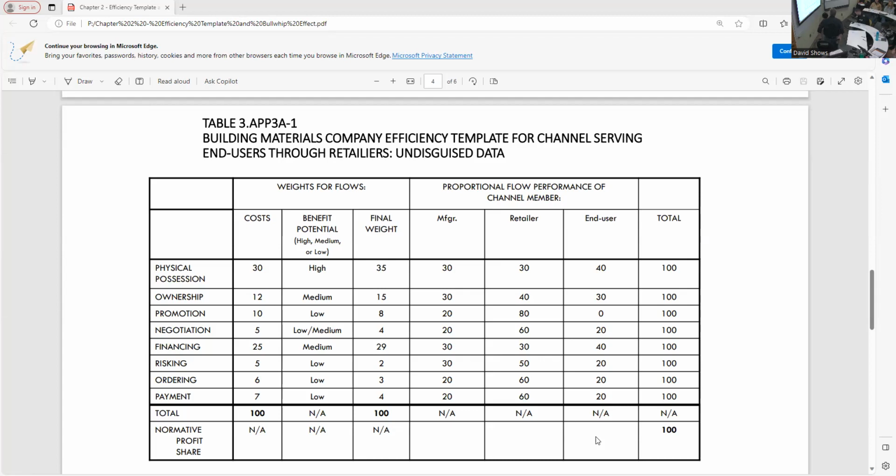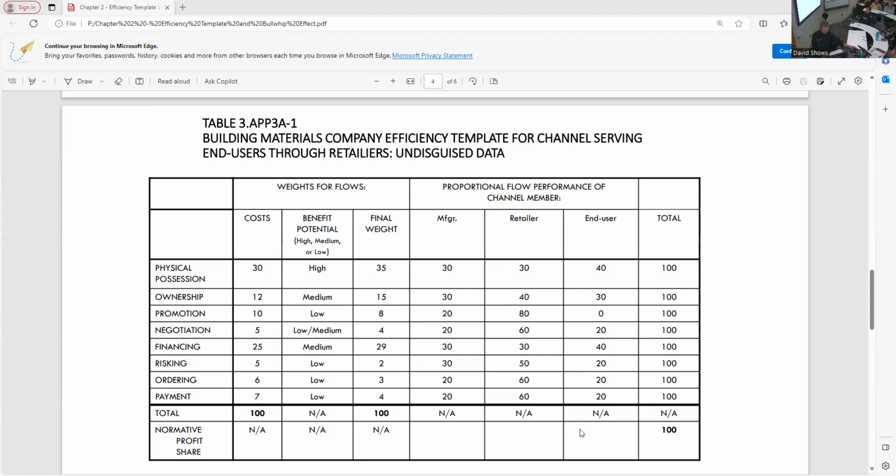And so if we keep going through this, down the line, we find that you can just cursory look that perhaps one member of the channel should receive more than the other. This is what the normative profit share means. What each channel member should get.